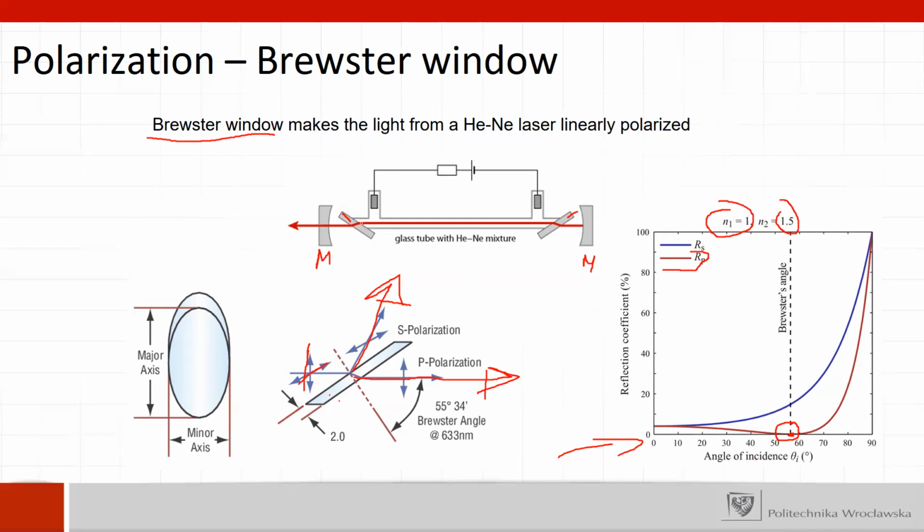So when we place two of these plates inside the laser, they act as polarizers, because only polarized light will be transmitted through the plate, and all the rest will be reflected, thrown out of the resonator. By doing that, we have only polarized light at the output of this laser.